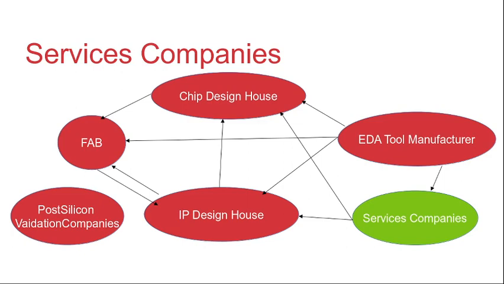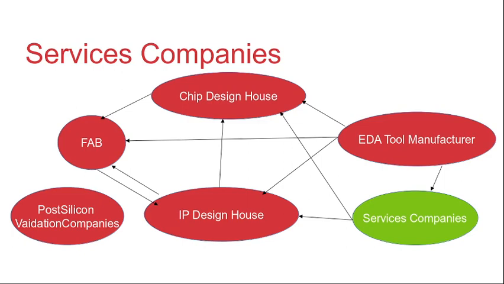The next set of companies are services companies. So what do these companies do? They have a set of manpower of various kinds. It could be verification, it could be analog IP design, it could be layout experts.